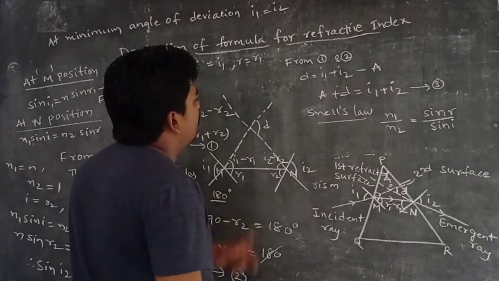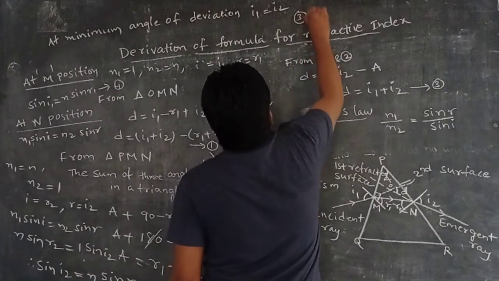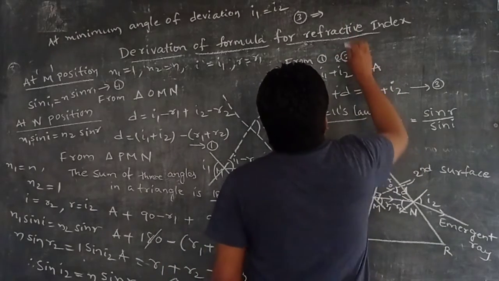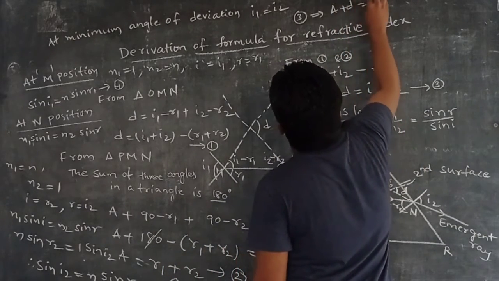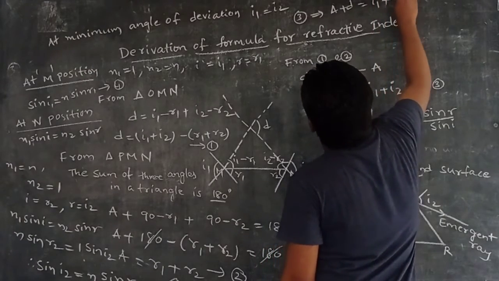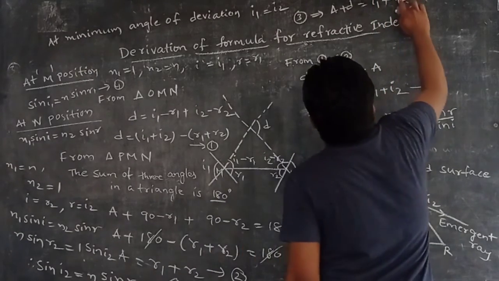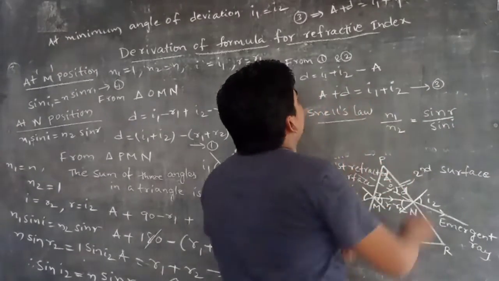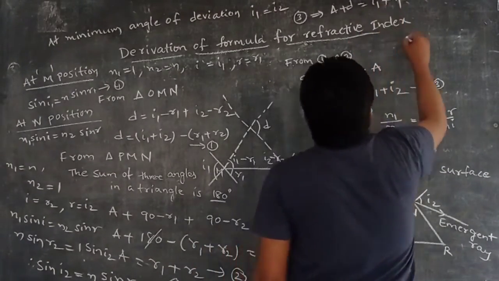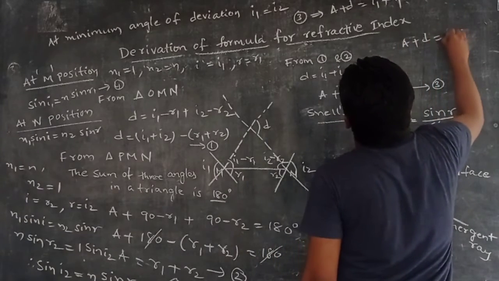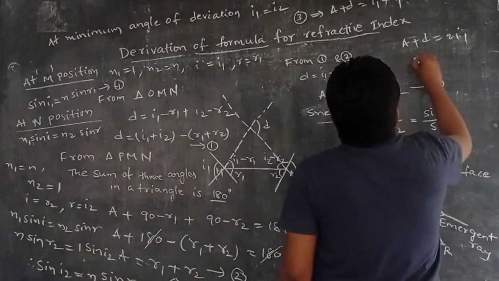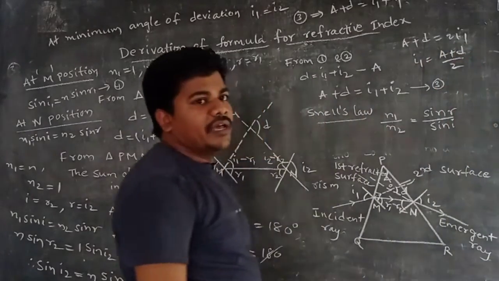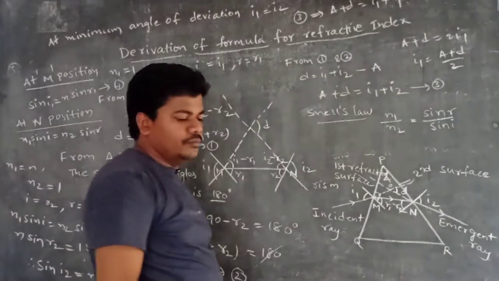From equation 3, A plus D is equal to I1 plus I2. In place of I2 we write I1, because I1 is equal to I2. So A plus D is equal to 2 I1, and from that I1 is equal to A plus D by 2.